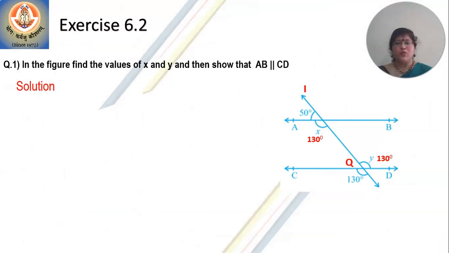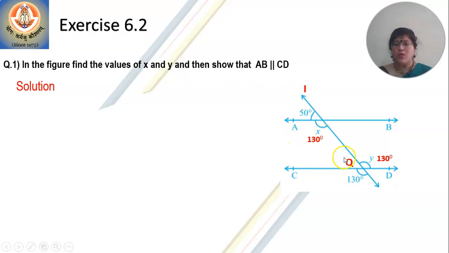Now this is the first question from exercise 6.2. You will write down this in your geometry notebook. Okay. Now the question is, in the figure, find the value of x and y and then show that AB is parallel to CD.